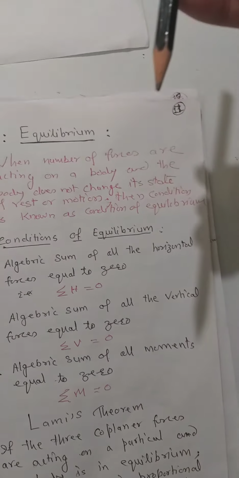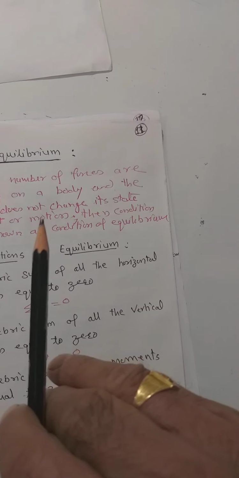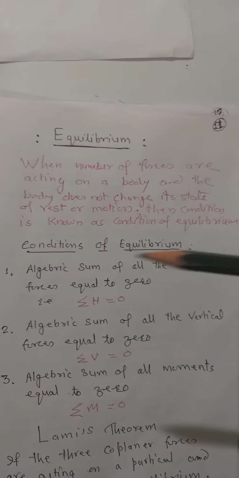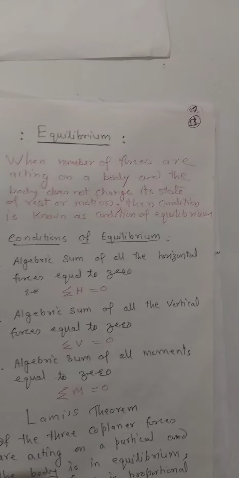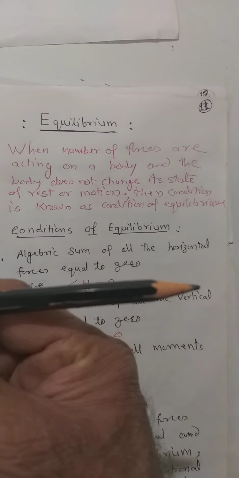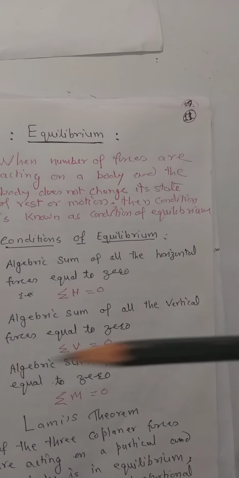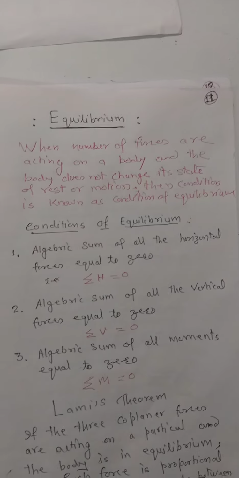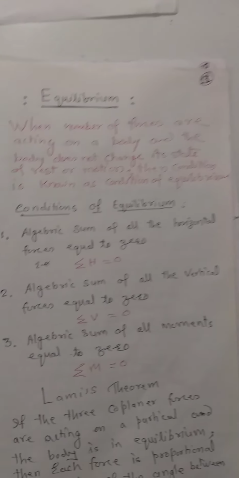So we can say the sum of all these forces and these forces are equal and opposite. Similarly, when horizontal forces are acting in this direction as well as in this direction, the resolution of these forces in this direction is equal and opposite, so that their summation comes out to be 0.